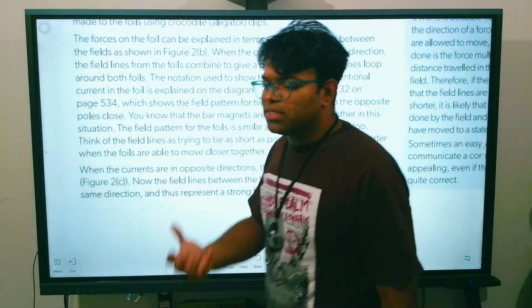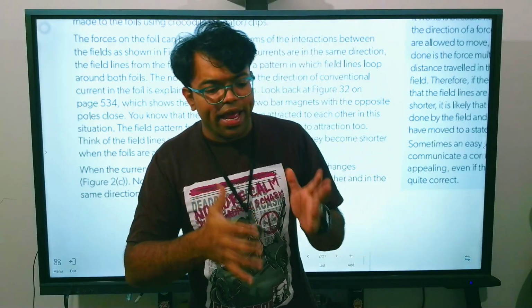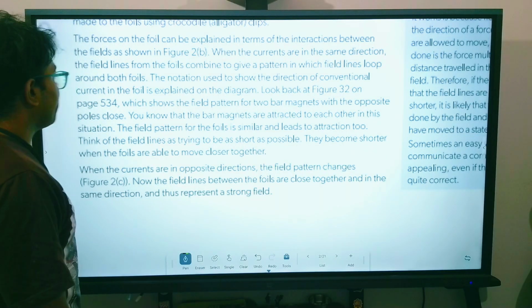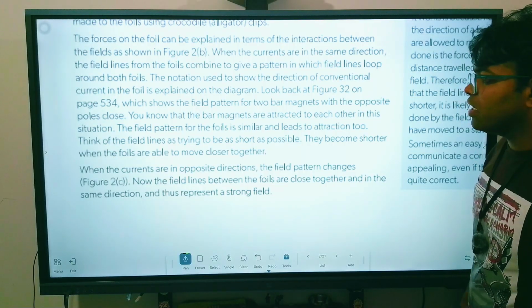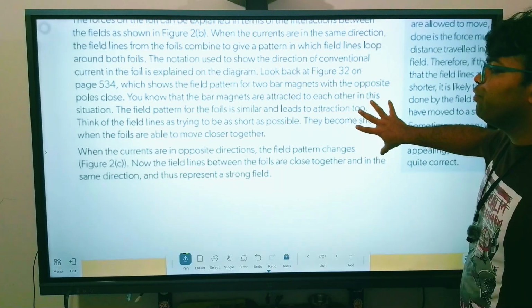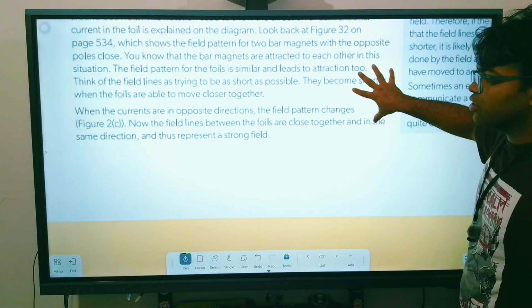A cross or a plus sign shows that the current is flowing into the page, whereas a dot shows that the current is coming out of the page. Okay, now you know that bar magnets are attracted to each other in this situation. The field patterns for the foils are similar and lead to an attraction too.